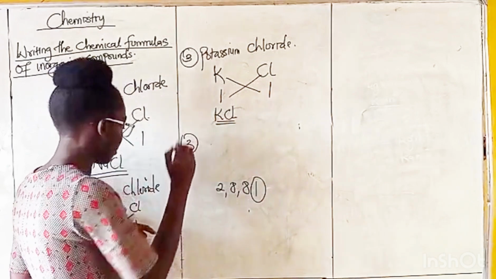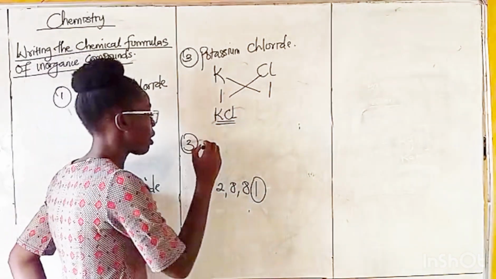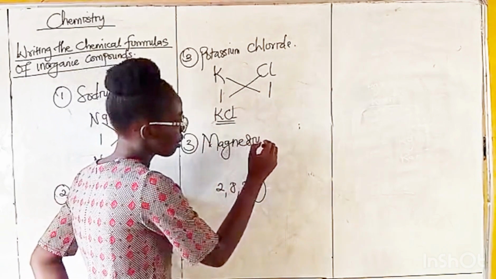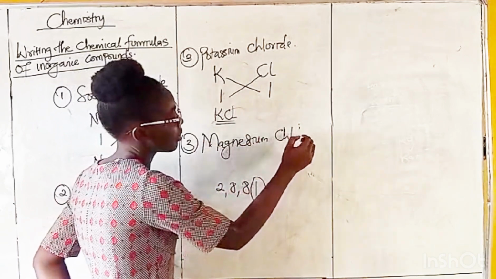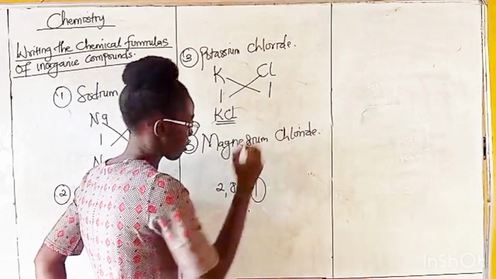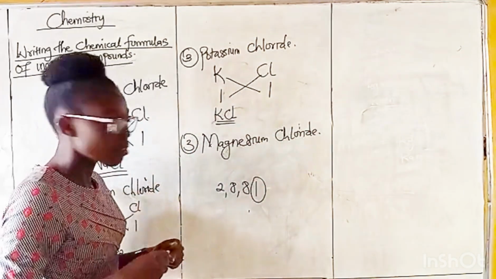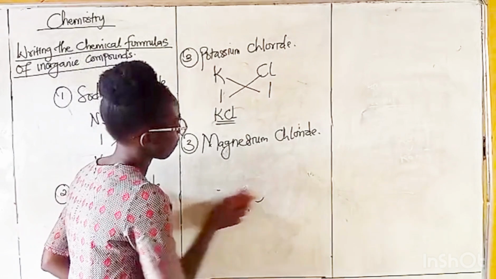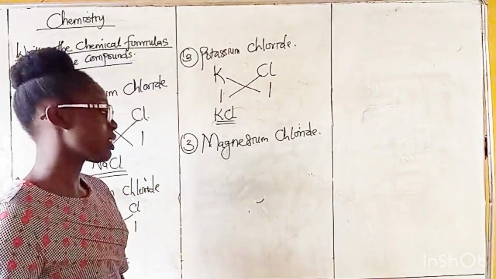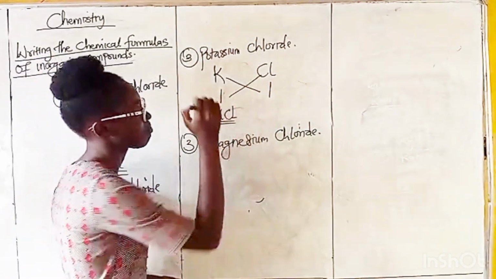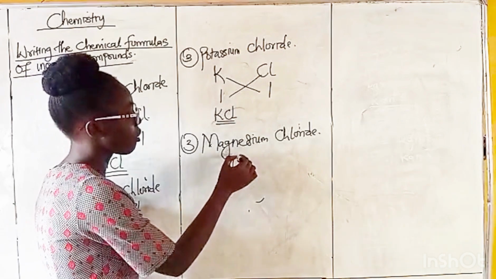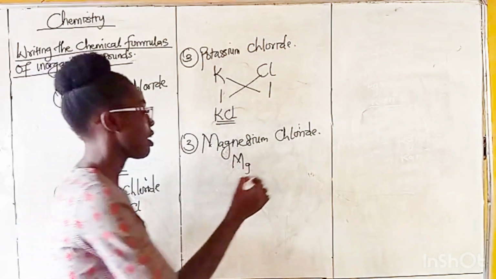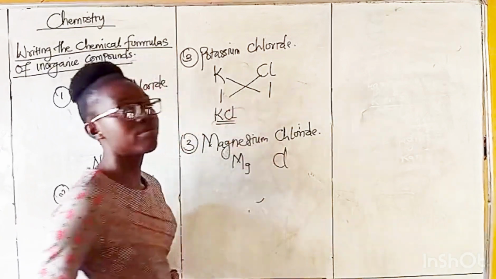Now let's look at the chemical formula of magnesium chloride. Write the symbol of magnesium, which is Mg, and then chlorine Cl.